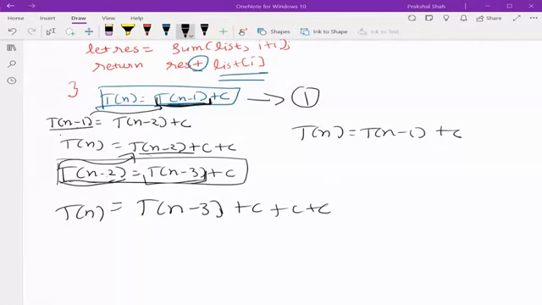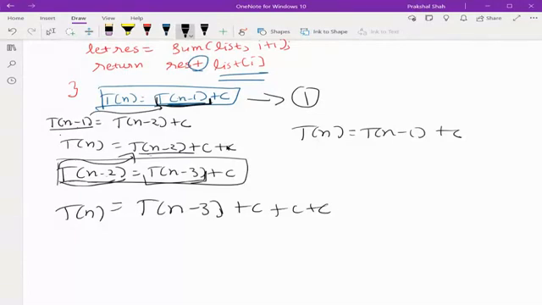Just a second. If I put T of n minus 1 here, I'll get T of n minus 2 plus C plus C. Okay, yeah, fine.